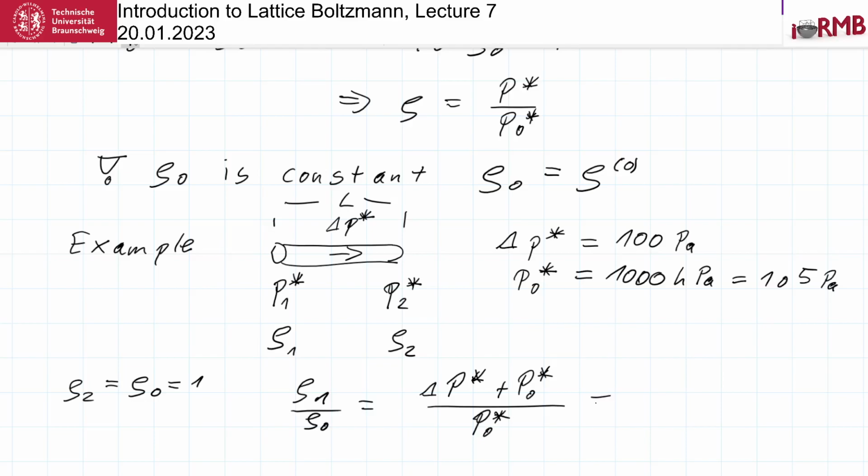And this would give us the density in the inlet as 1.01. So the ratio between these absolute pressures is the same as the ratio in the densities, and so we can set our densities instead of setting the pressures.